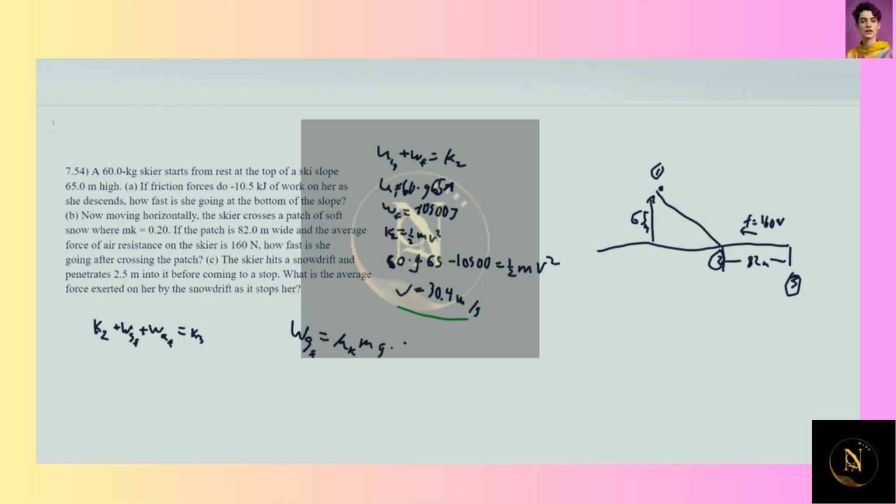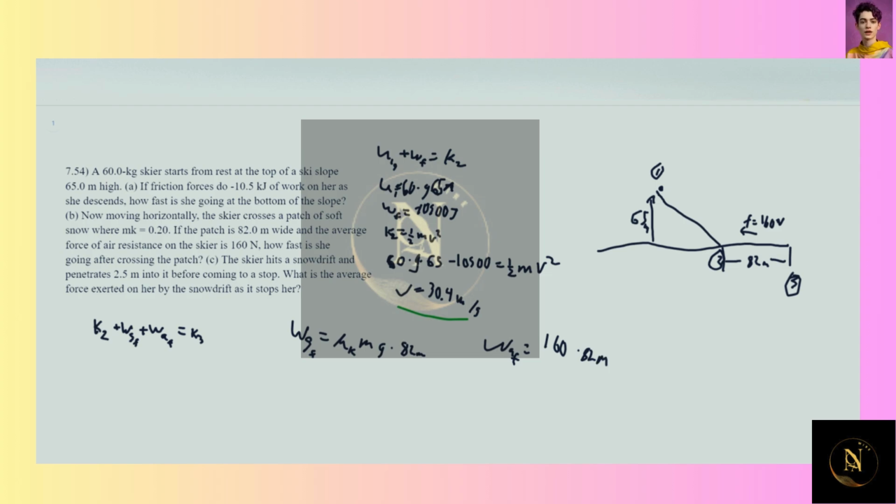And then times our distance, 82 meters. Okay, so we know what mu sub k is, we know what mass is, we know what g is. So that's just numbers now. We know what work due to air friction is. We're told that is 160 times 82 meters. That's the distance.